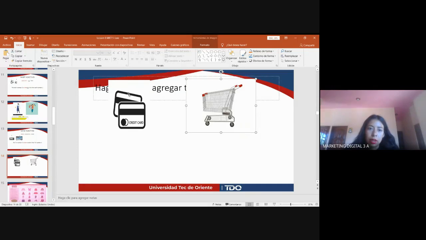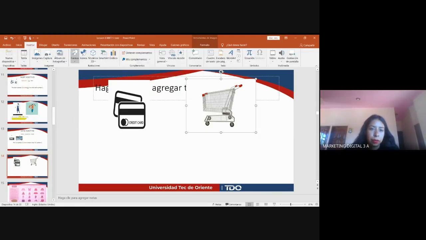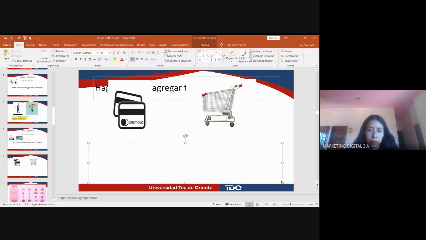So, Emma, this is a credit card. And Mau, what is this? ¿Qué es esto? ¿Qué era eso? Okay, Kevin, what is this? Credit card.